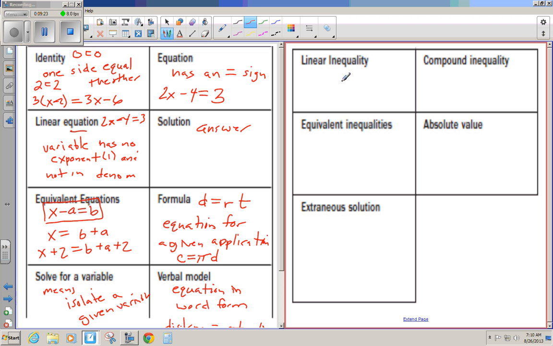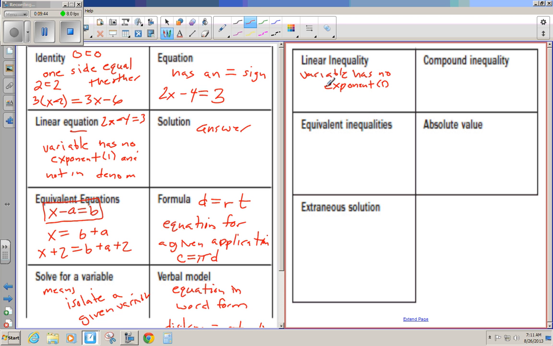A linear inequality. A linear inequality is just like an equation. You could actually say that the variable has no exponent, but remember, we mean it has a 1.